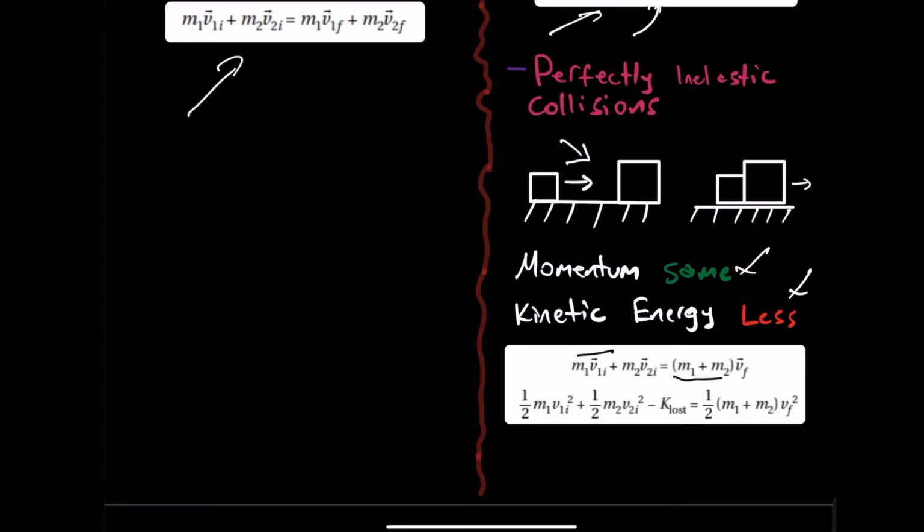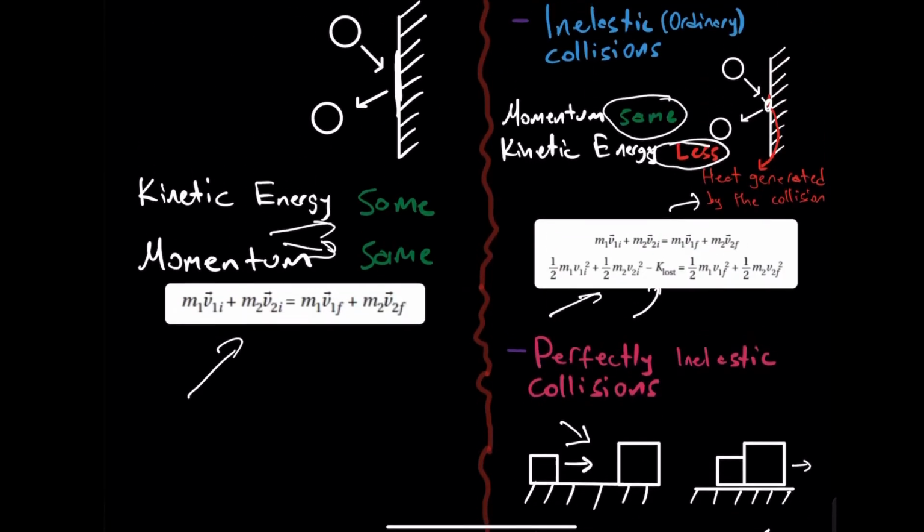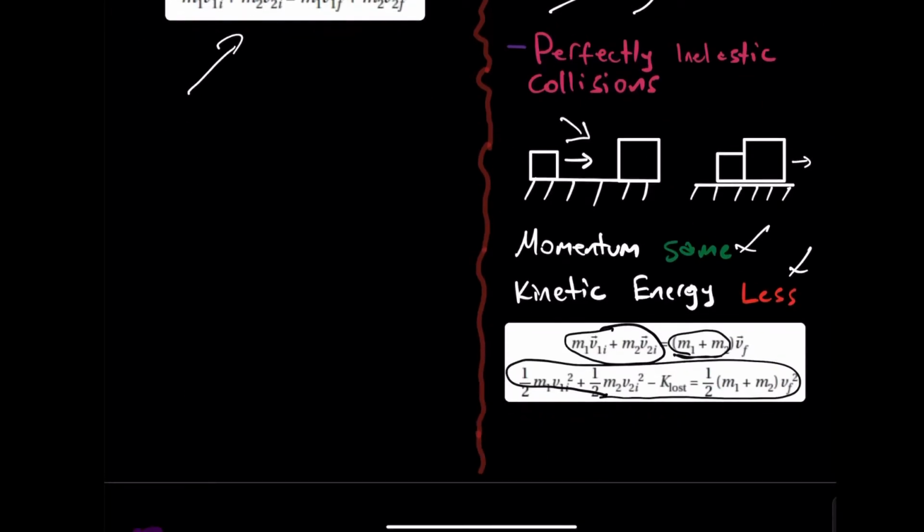At the beginning, they were the same as before, but they become together as one mass. So we calculate them in that way. And there's also kinetic energy loss, which is calculated in this way, but this time, not similar to inelastic ordinary collisions, the masses are coming together just like here.